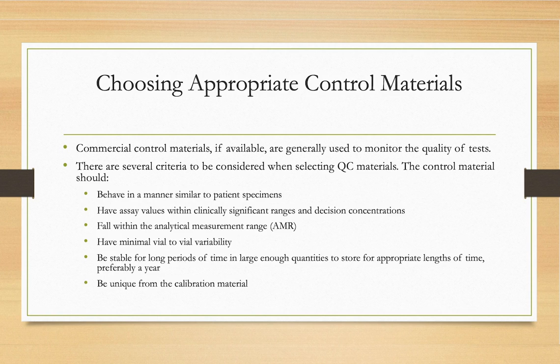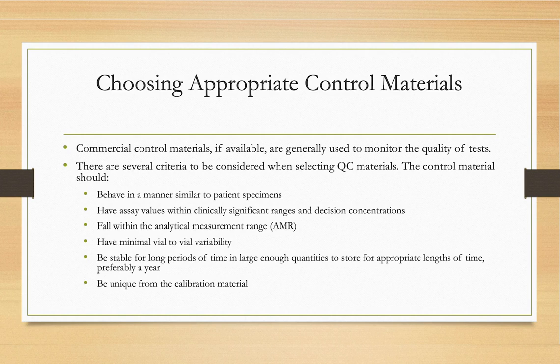Choosing appropriate control materials. Commercial control materials, if available, are generally used to monitor the quality of tests. There are several criteria to be considered when selecting quality control materials.